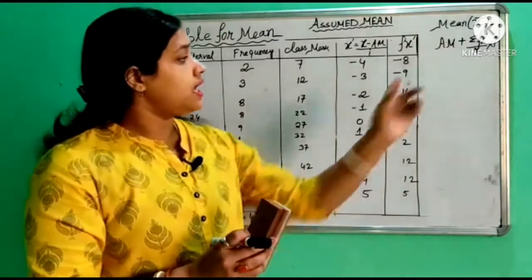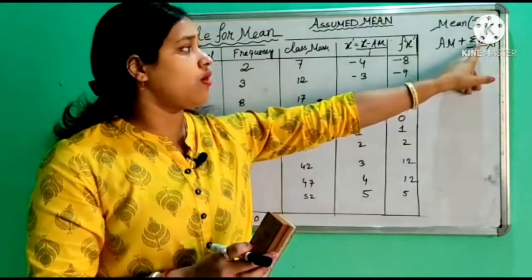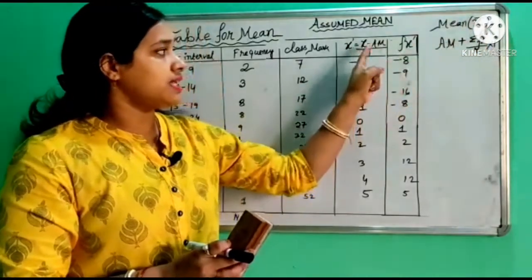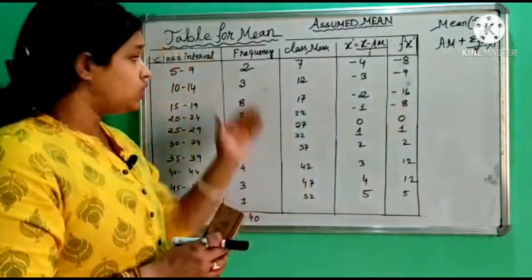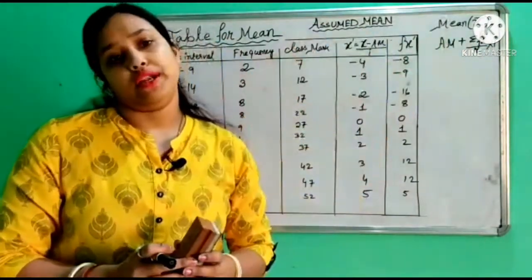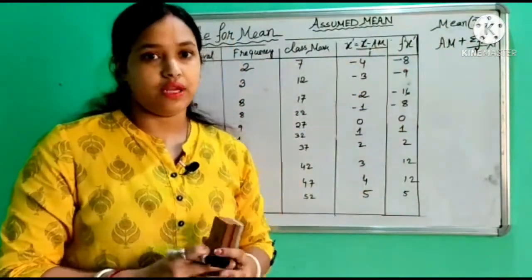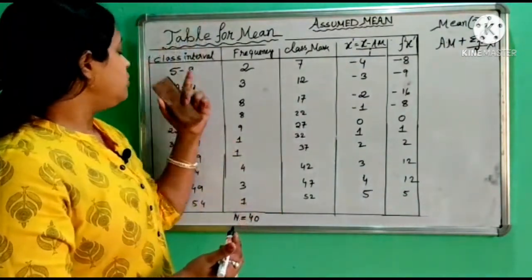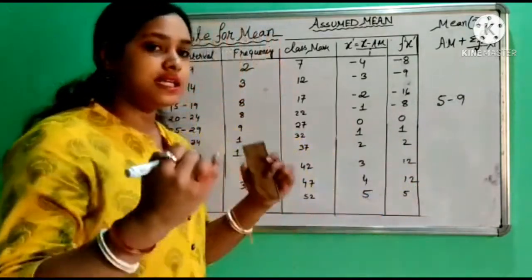So AM means assumed mean, f is the frequency of the table, and x dash means x minus AM, divided by I. Here n means total frequency 40, and I means the length of interval. Now how to calculate I, the length of interval? For example, 5 to 9 is our class interval.